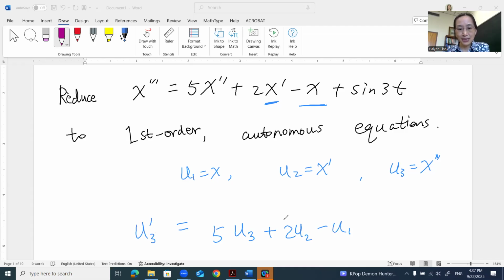So this equation becomes another equation, but it is first order. So you see the given equation now becomes a first order equation. However, we haven't defined U2 and U1, right? So we have to make it more clear. So what is U1? U1's derivative is U2.